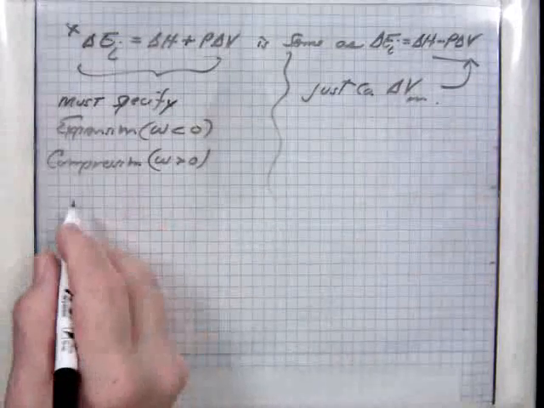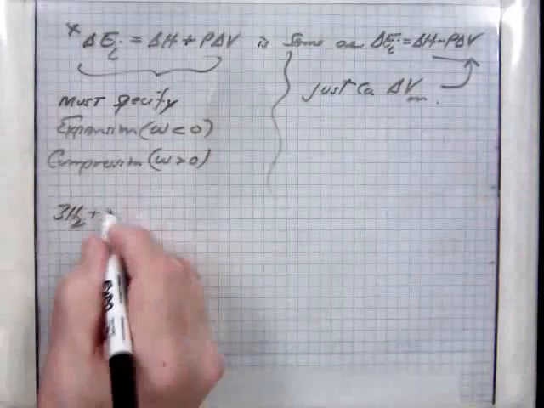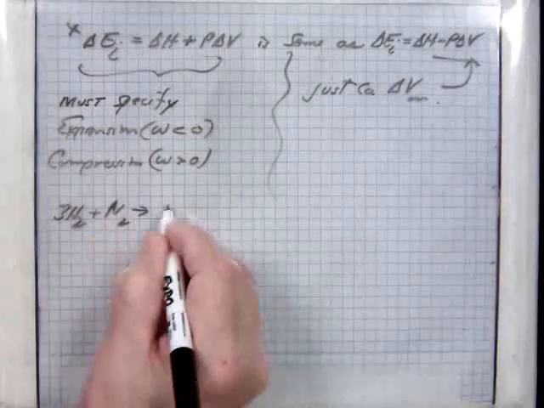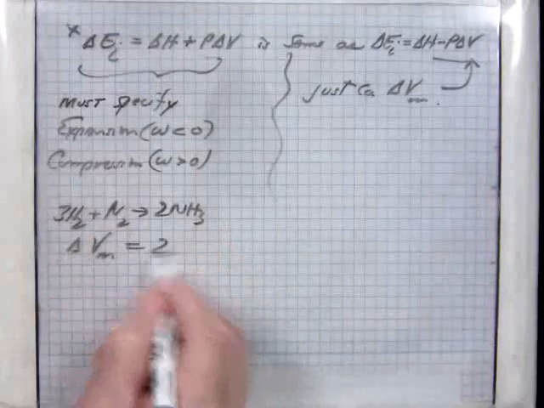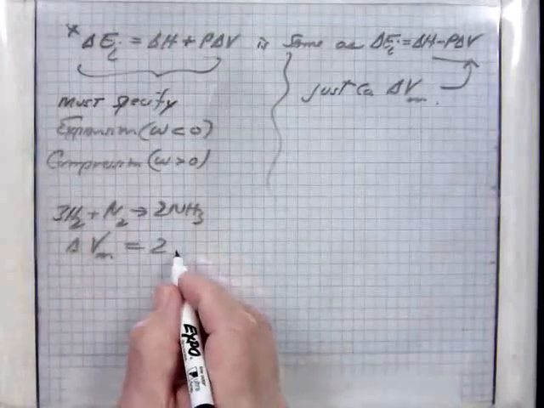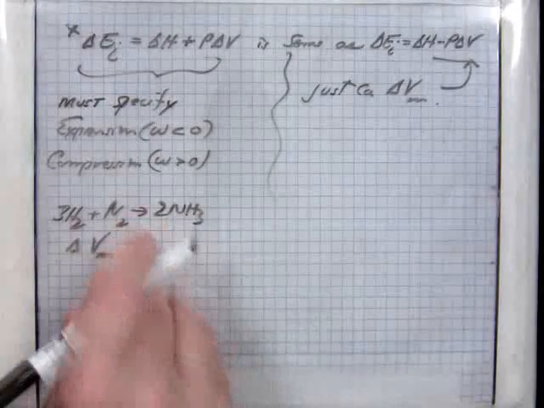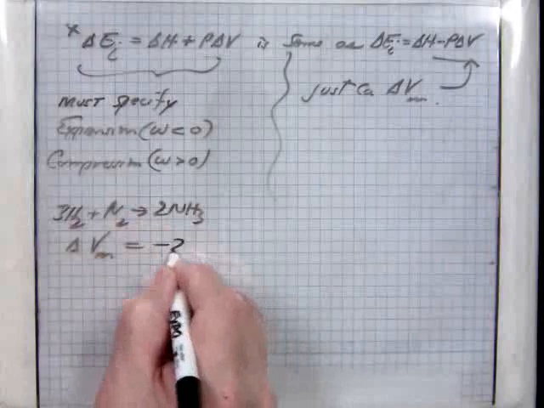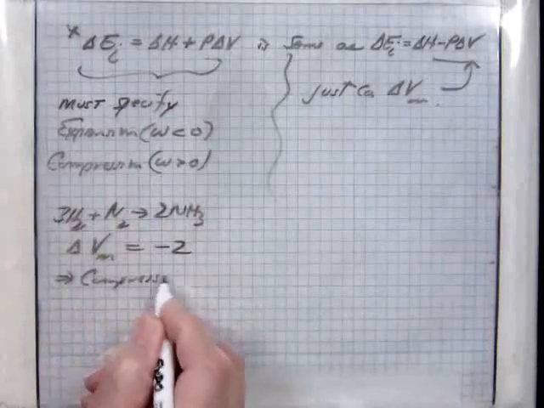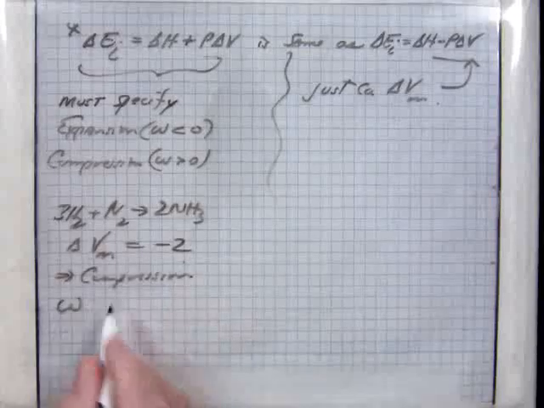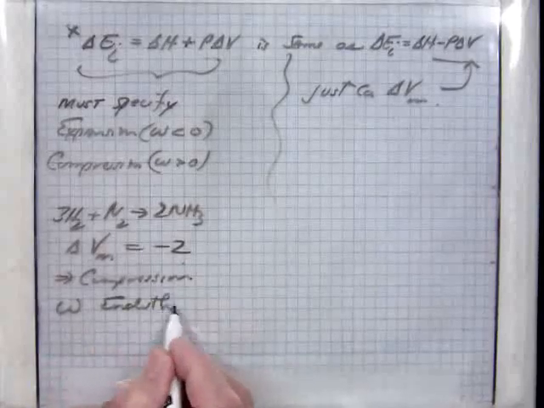Over here, we had 3H2 plus N2, all gases, going to 2NH3. Your change in molar volume decreased, so this is a compression, and so your work is endothermic.